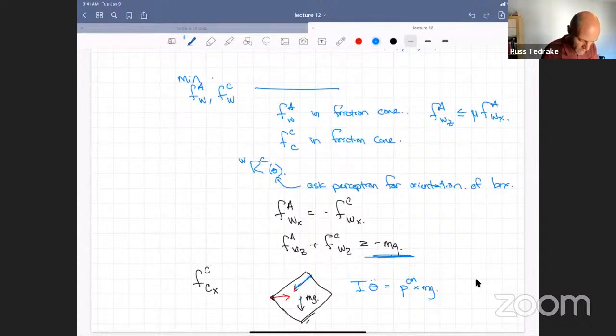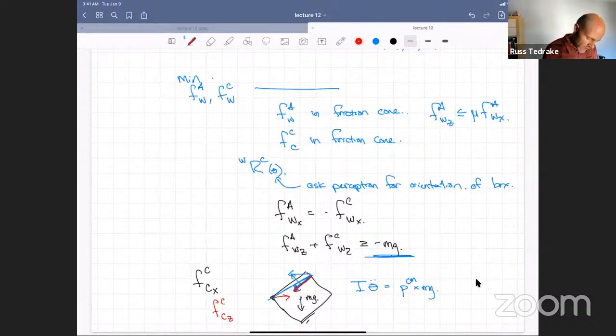Now what's going to happen here? There are two components. If I'm applying some force like this, I have the normal component in this coordinate system. I'm going to just assume that that's small, and we're going to call it a slop term.